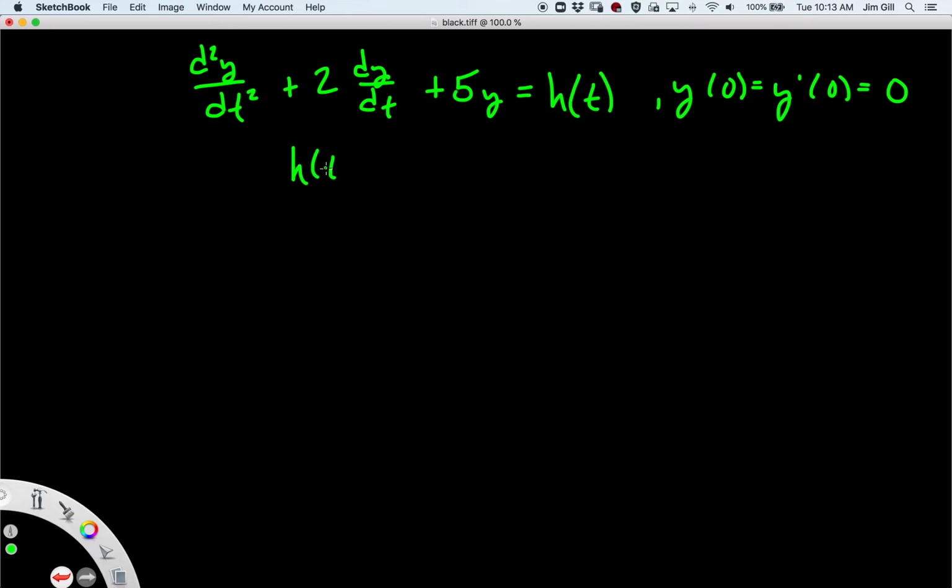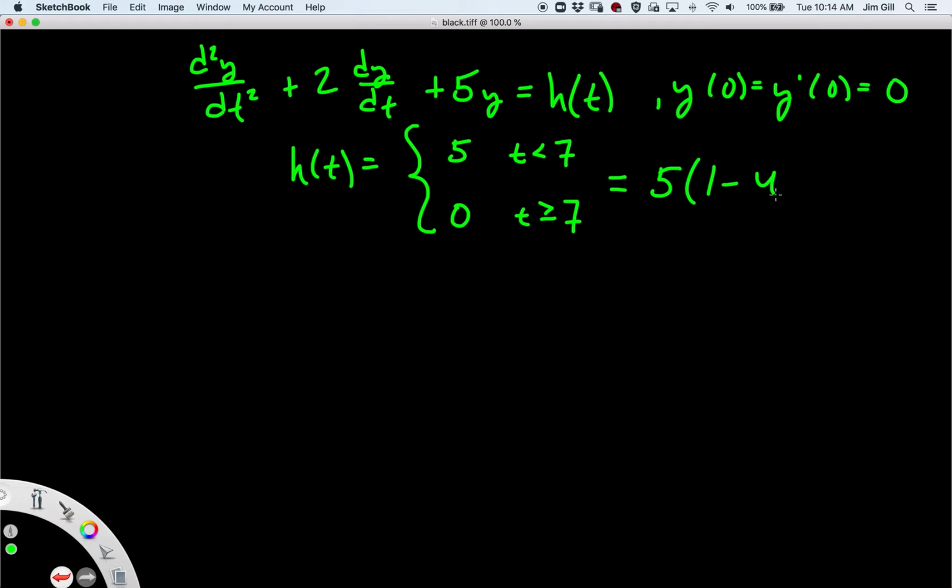And let me write down what h of t is going to be. It's going to be what happens if we apply a force of, say, 5 for the first 7 seconds, and then we let go. And this corresponds to the way we can write this in a way that we can actually compute. This is 5 times 1 minus the Heaviside function.